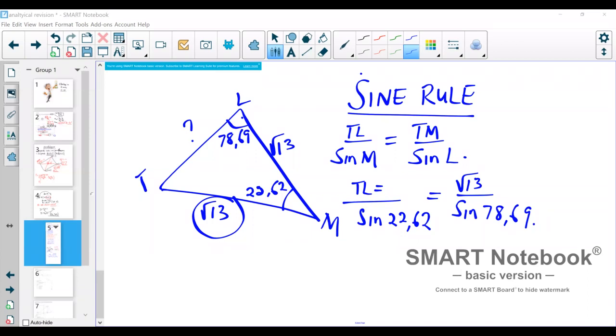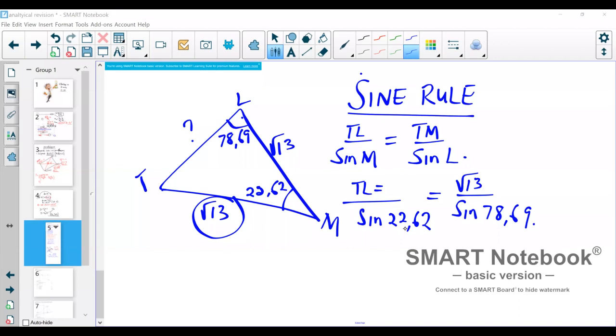So what is my TL? TL will be square root of 13, I'm cross multiplying, times sine 78.69, close the bracket, divided by sine 22.62. If I cross multiply, it's this multiplied by that, right?